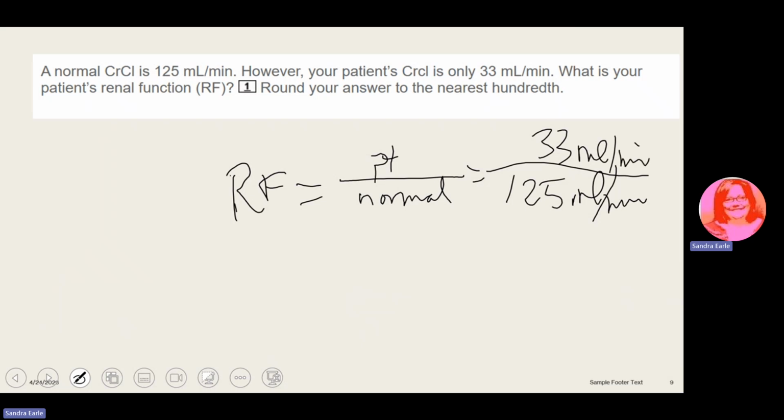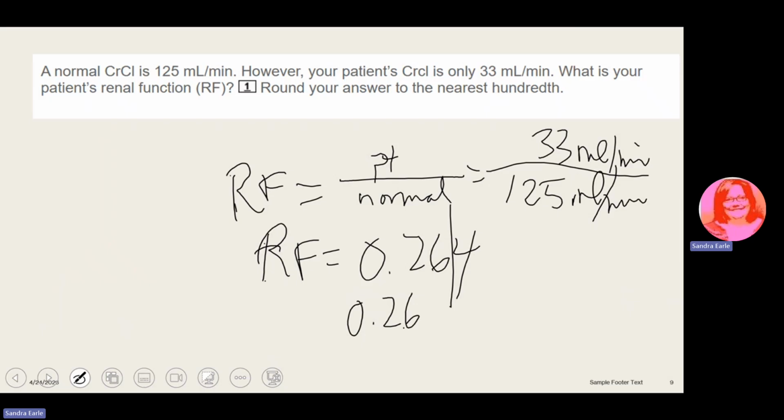So 33 divided by 125 is a renal function of 0.264, and I think I had you round it to your nearest hundredth. So the answer is 0.26. This means only about 20% of your nephrons are functioning normally.